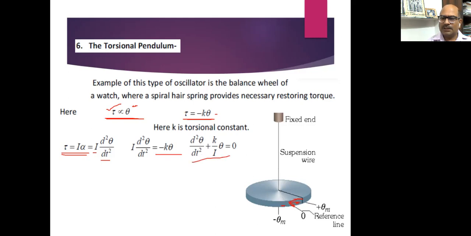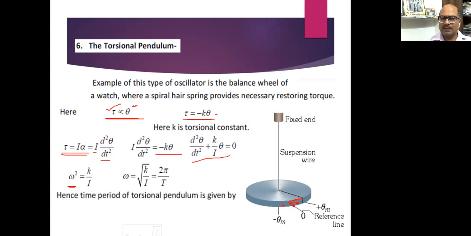So you can easily find that d2 theta by dt square plus k by I theta is 0. If we compare this with the equation of simple harmonic motion, omega square will be k by I. It means omega is under root k by I, so the time period is 2 pi under root I by k. So this is a very simple calculation of the time period of a torsional pendulum.